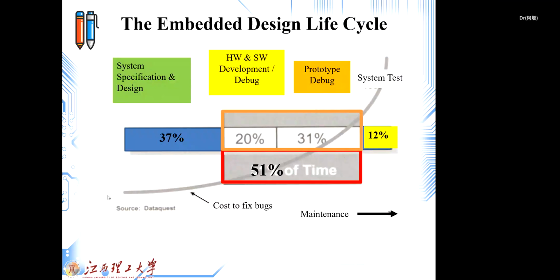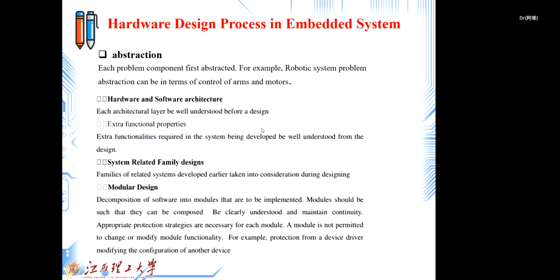That is how we can calculate the cost of our embedded system based on these 37 and 51% of the job, and then 12% is the system test, which regularly will not come into the cost of designing an embedded system.